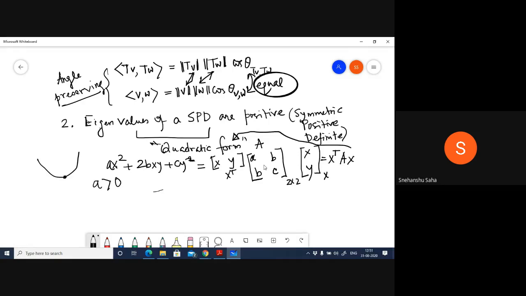So what you see here is that you can do this for any number of variables. But what I want to ask is, if I know some properties of A, using those properties, can I say something about the minima of the function or the quadratic form that I have here? Geometrically, in 2 dimensions, when it's a parabola, it's easy to represent in a 2-dimensional plane.